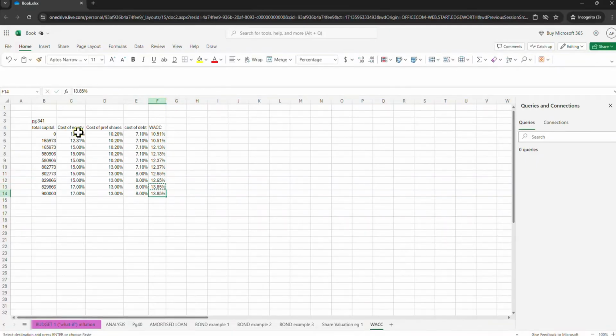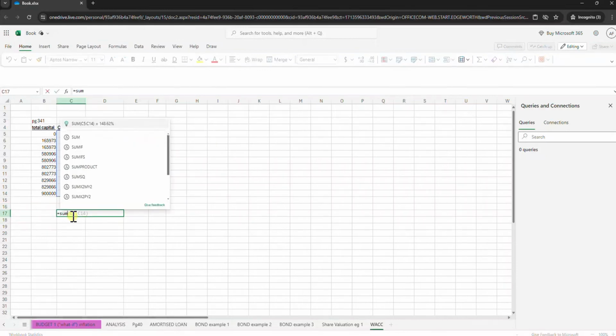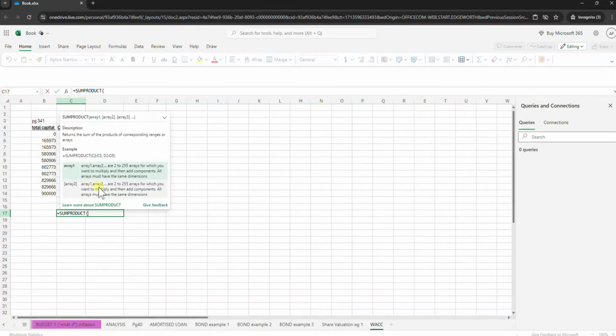So we've got a set of data. Let's use these functions. What is the first one? Calculate the sum of the product of corresponding cells. Let's use that here. SUMPRODUCT returns the sum of the products of corresponding ranges or arrays. So you have arrays to multiply and then add the components.